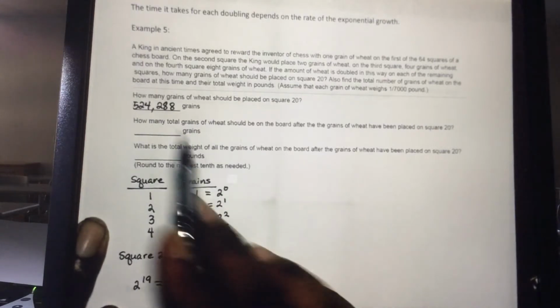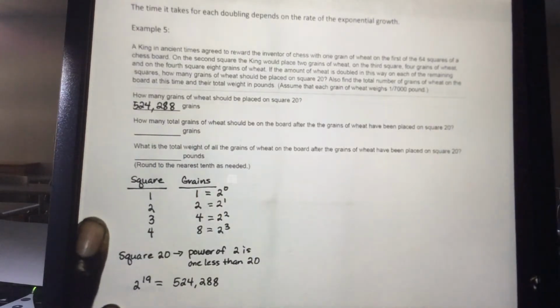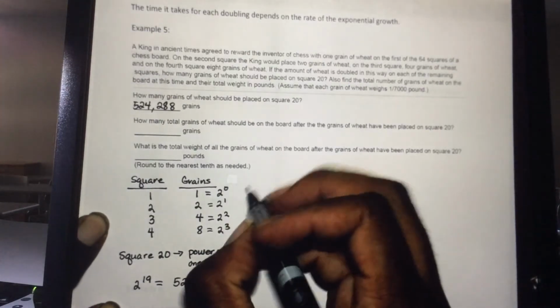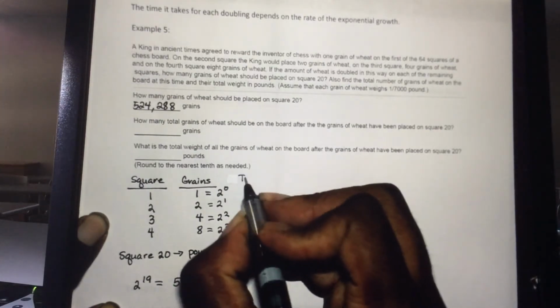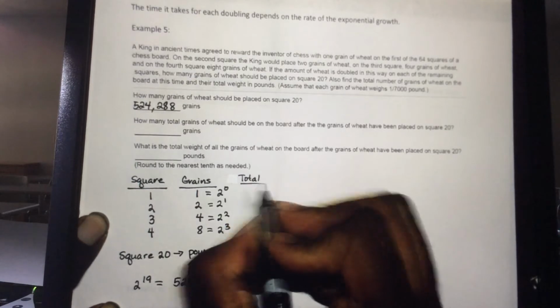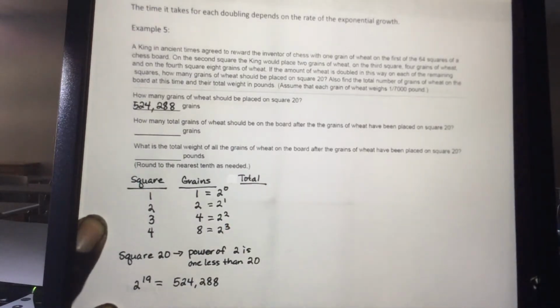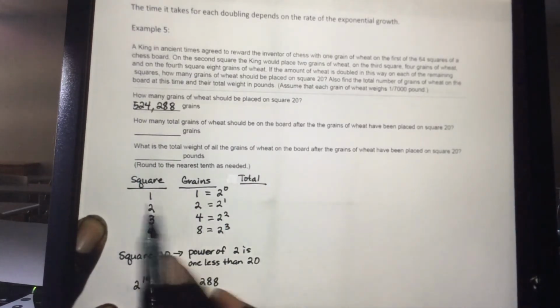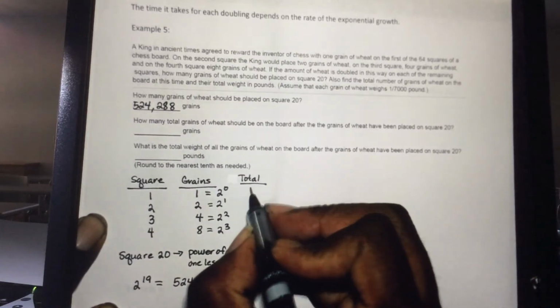Okay. Then the next question they ask is how many total grains of wheat should be on the board after the grains of wheat have been placed on square 20. So we're looking at the total number of grains. On the first square, there will be a total of 1.